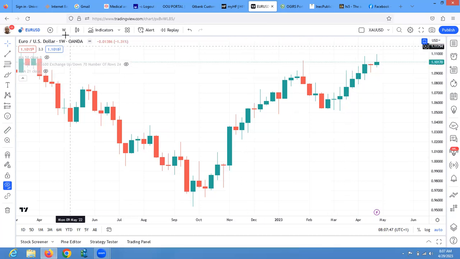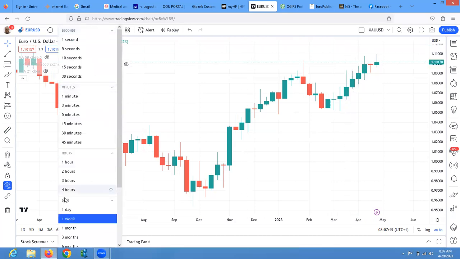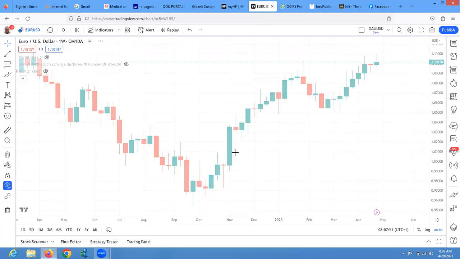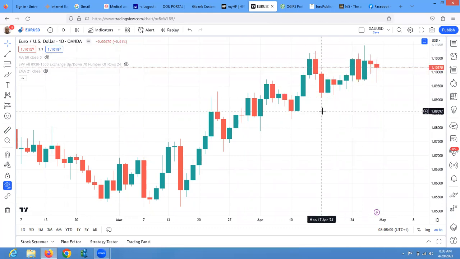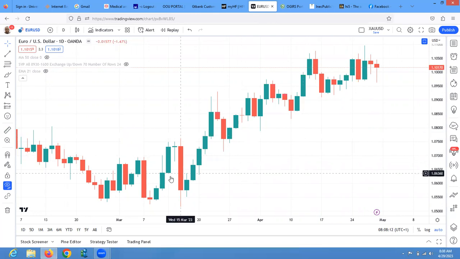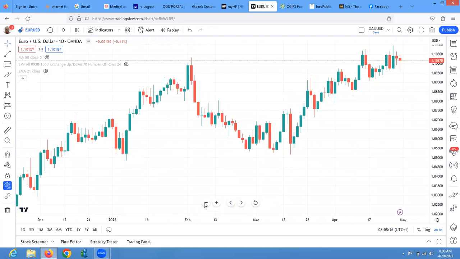So let's go to the daily. From the daily, we can see we're not selling anymore. Now, the daily structure, if we are going to have a major change, I said in one video that perhaps we are going to do a daily correction.